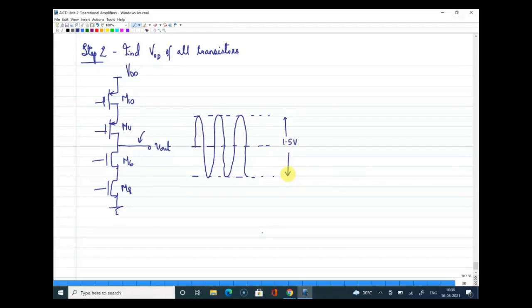Similarly, you can have a swing of 1.5 volt on the other side of the cascode branch. So together, when you measure differentially, you will get 3 volt.